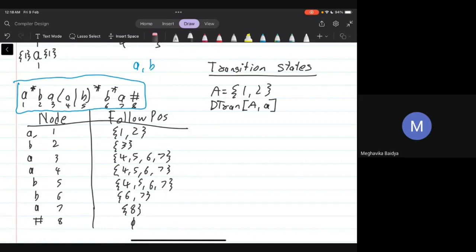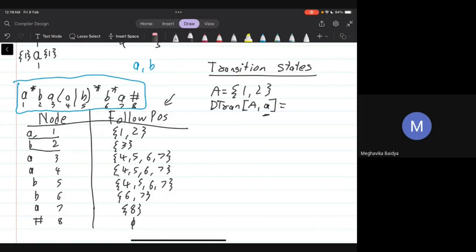So you write Dtran of square bracket A comma a, which will be equal to, now A is equal to 1 comma 2, right? So we have 1 comma 2. We go back to the follow pos table, and we see, 1 is A and 2 is B. So what you have to do is match with the input symbol.